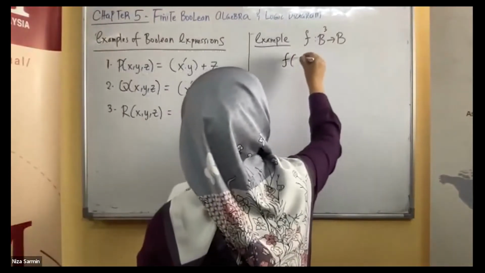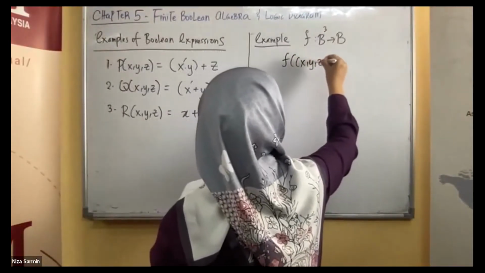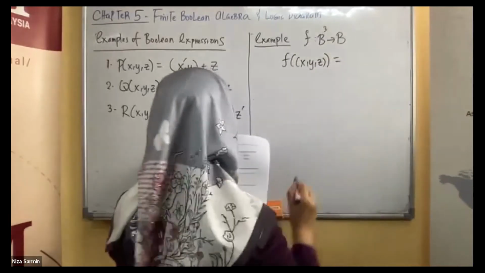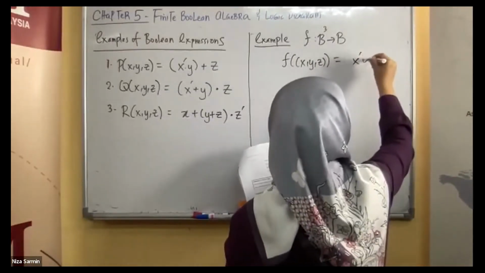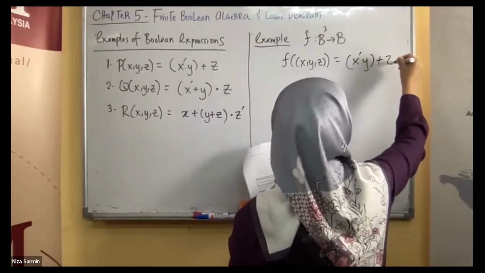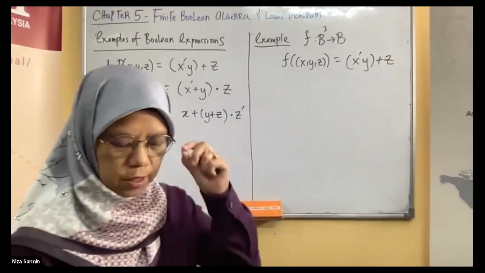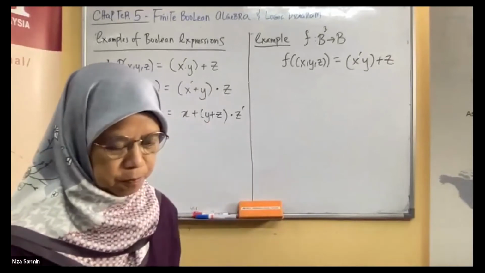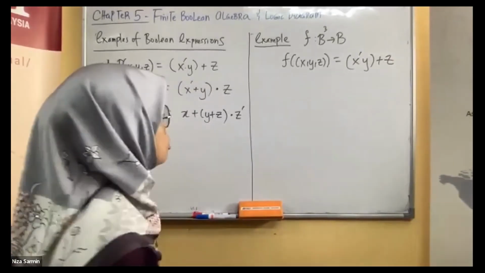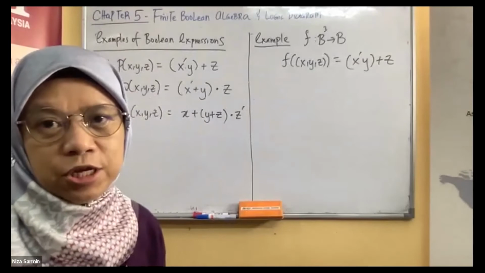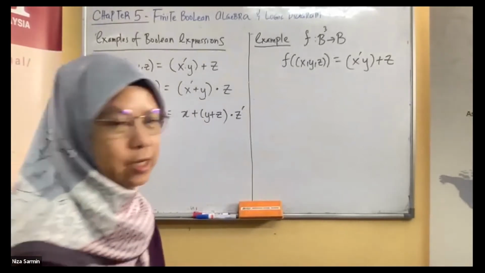F of x, y, z is equal to x prime y plus z. Okay, show me the truth table. So 3 variables, 2 to the 3, you will have 8 rows, right? 8 rows.